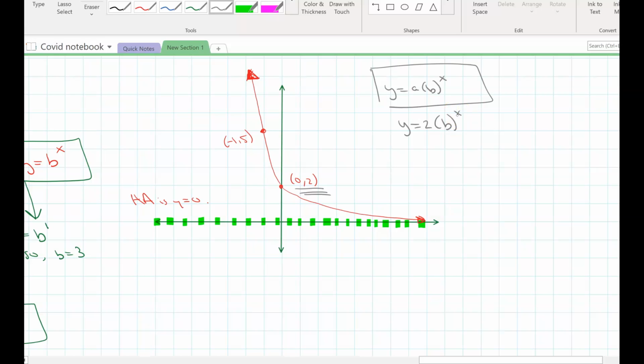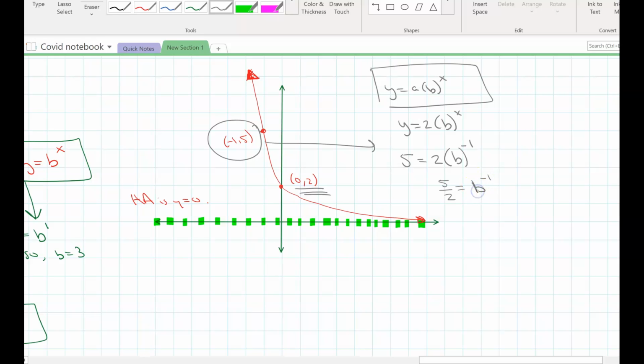Okay, this is going to be interesting. So that means that 5 equals 2 times b to the negative first. Look at that. So then we have 5 divided by 2 equals b to the negative first.